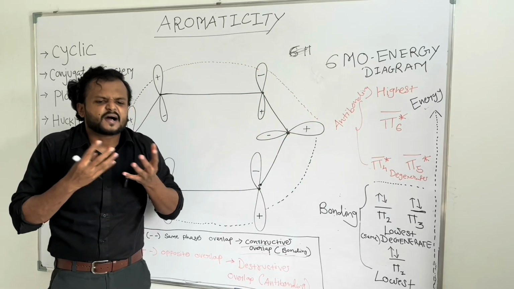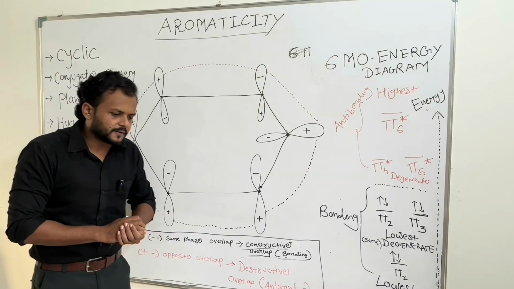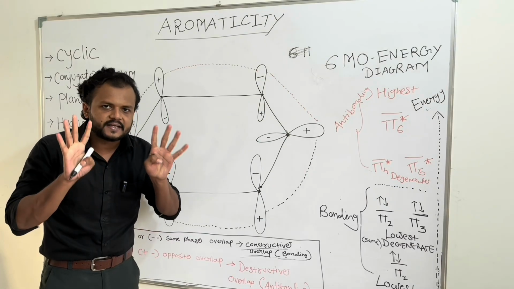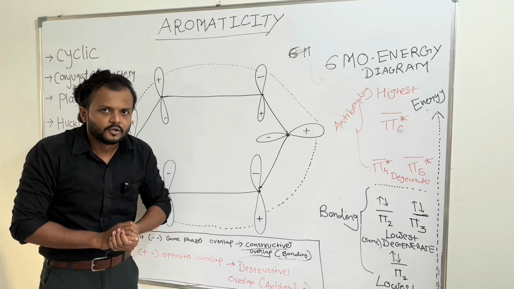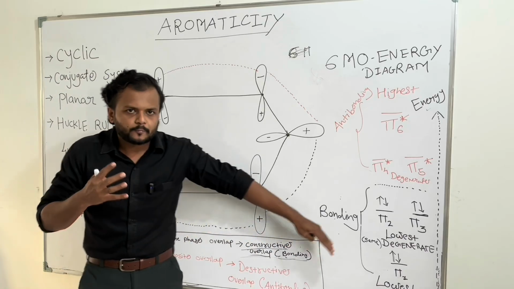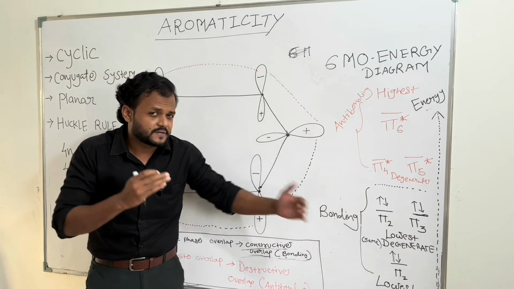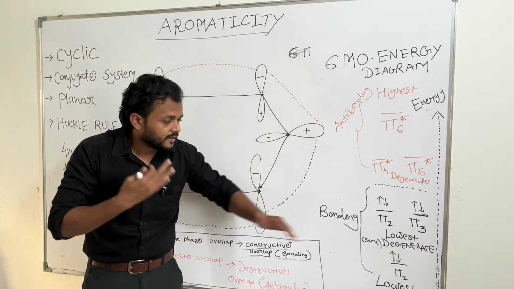What is going to happen? Instability is not going to be a part of that compound. If there are 10 pi electrons present in the compound, that means 10 pi orbitals will form as well, pi bonding and pi antibonding. So now those 10 electrons are going to fill in what? In the bonding orbitals.